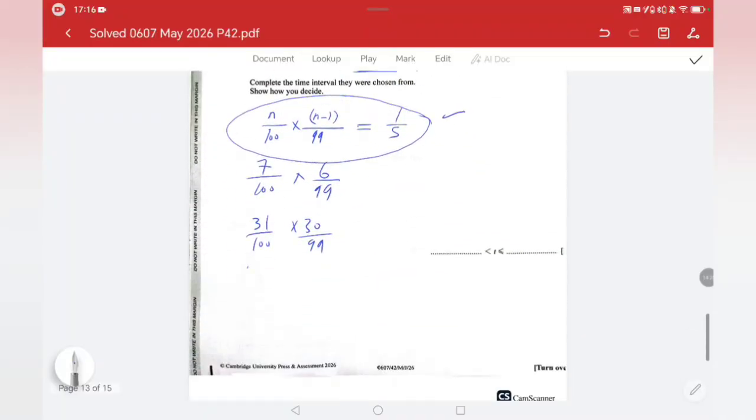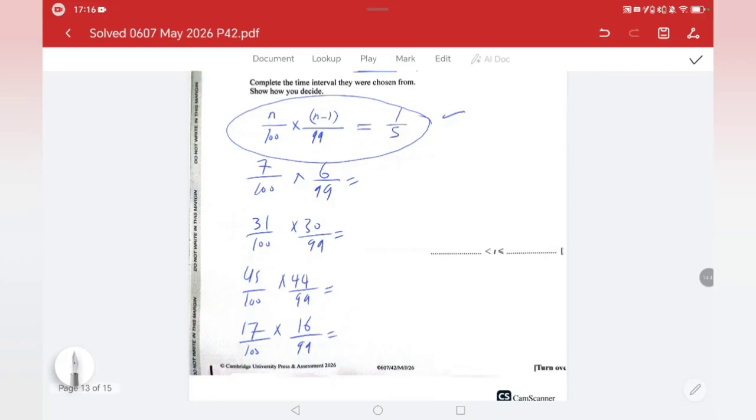So 45 times 44 and 17 times 16. So you can try to see which one will give you 1/5. So this will be the interval. Or solve the equation.